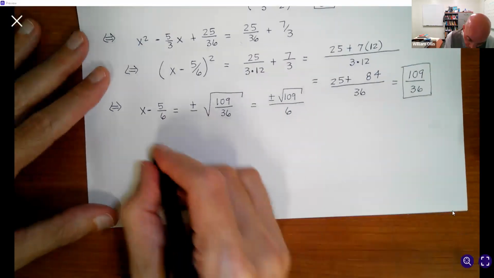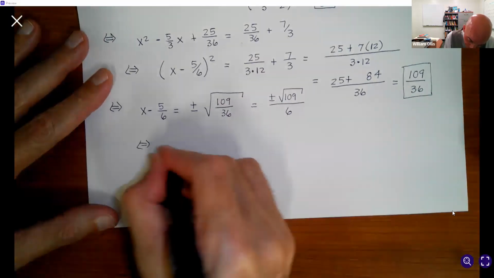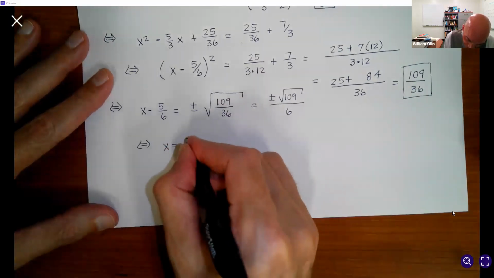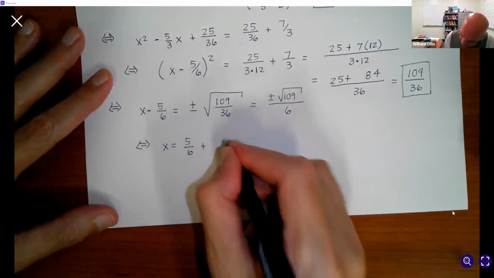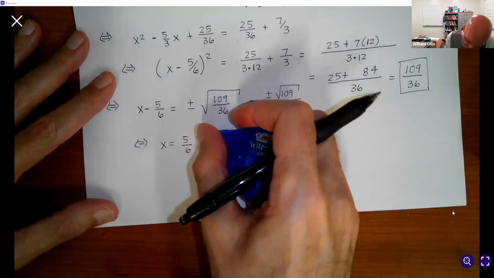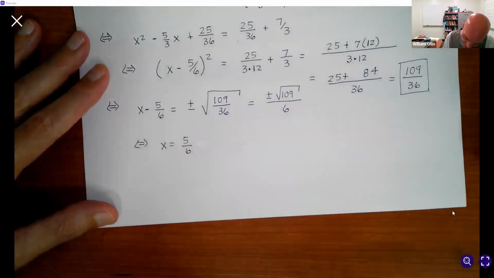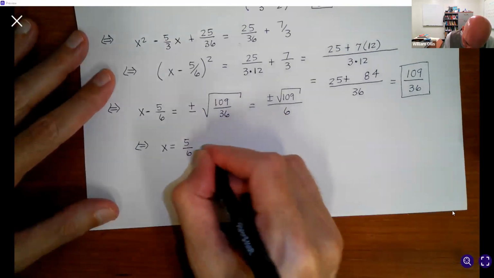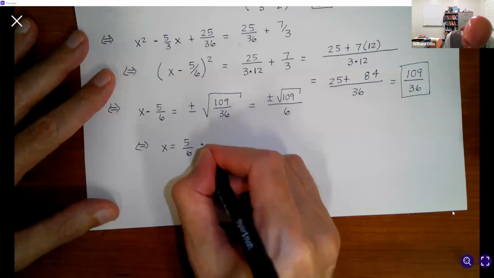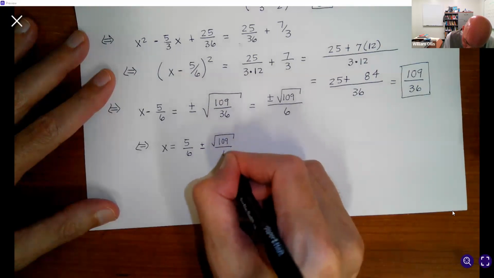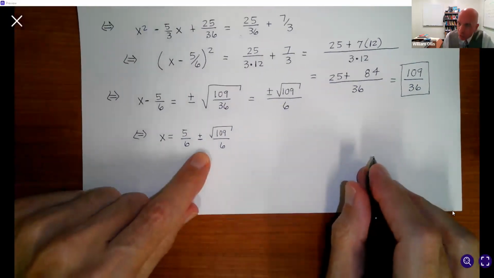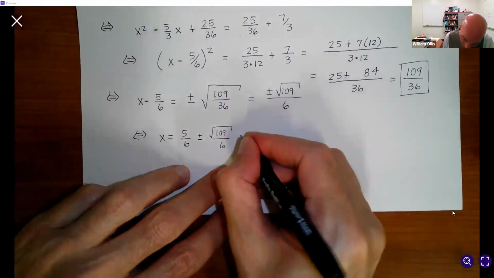Okay, so now equivalently, x, adding 5 6 to both sides, plus or minus square root 109 over 6. Now, if you want, you could write this as one fraction.